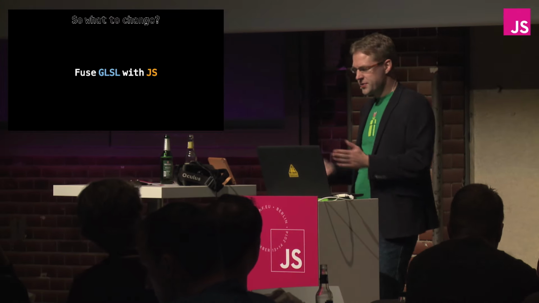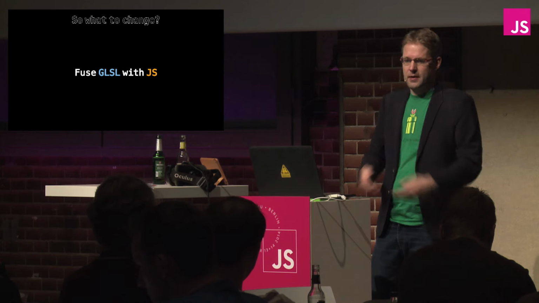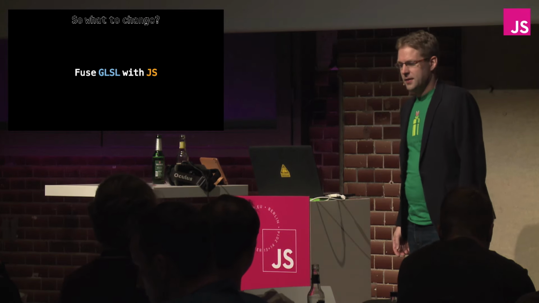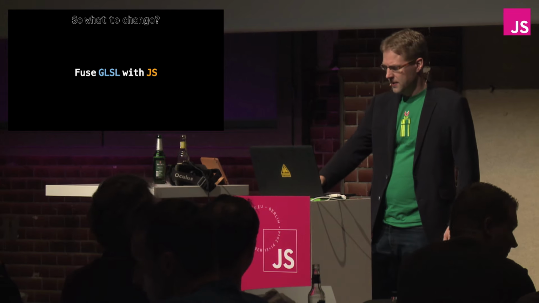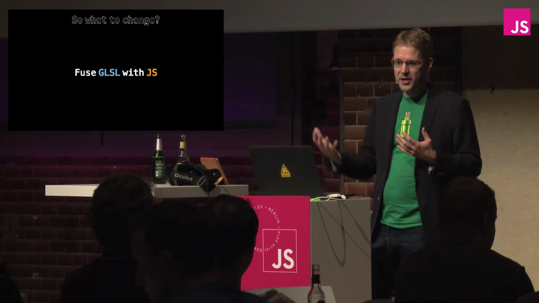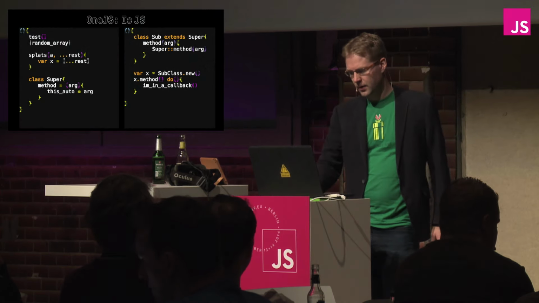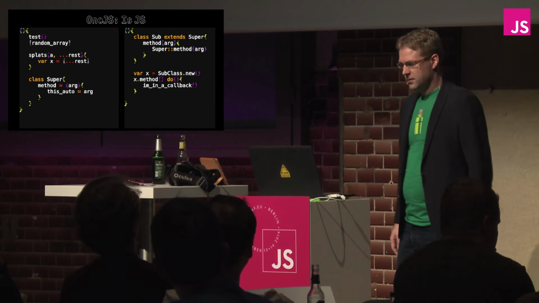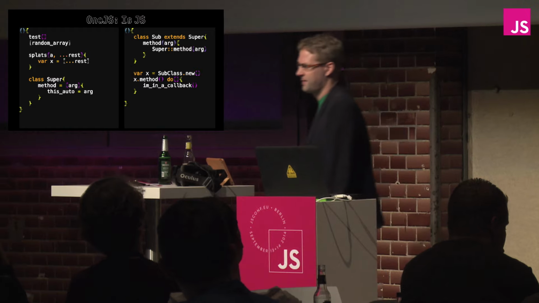So what I tried to do was fuse these languages at the hip, but fuse them in a way that you can leverage the same syntax, whether you're writing a shader or something that runs in JavaScript. So, by the way, these are syntax shaders, because syntax highlighting is kind of lame.